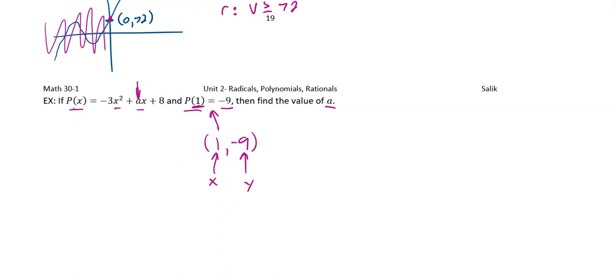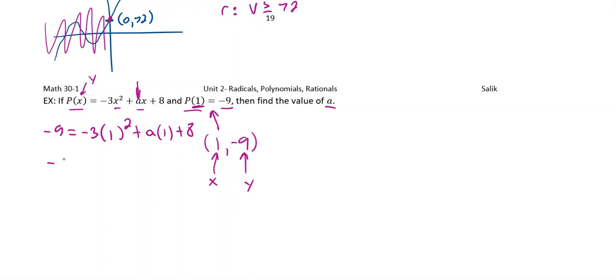So instead of p of x, that's like our y value, right? We'll write negative 9 is equal to negative 3 times 1 squared plus a times 1 plus 8.